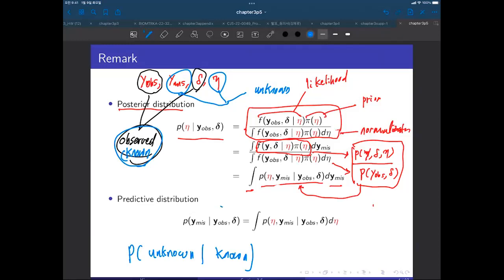But the problem is that the unknown has two components, y miss and eta, right? We have two different unknowns.